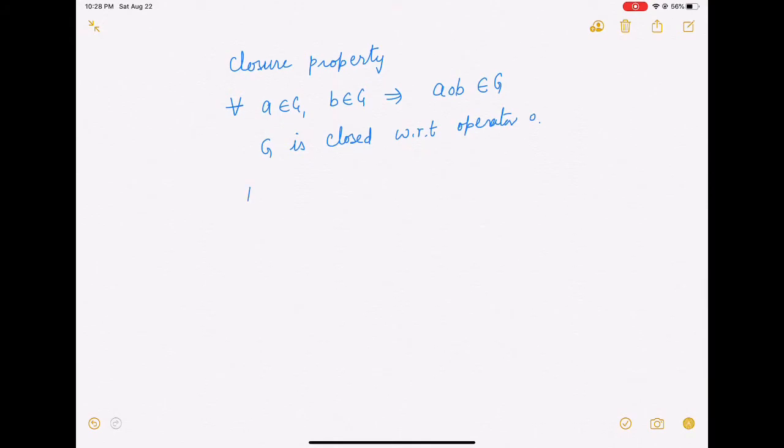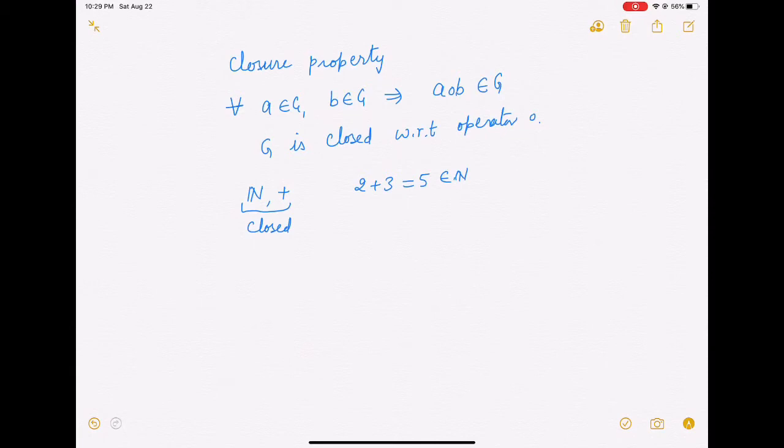Let us take N, the set of natural numbers. Let us see whether N is closed with respect to plus or not. If we add 2 natural numbers, we always get a natural number. So we may say N is closed with respect to plus.